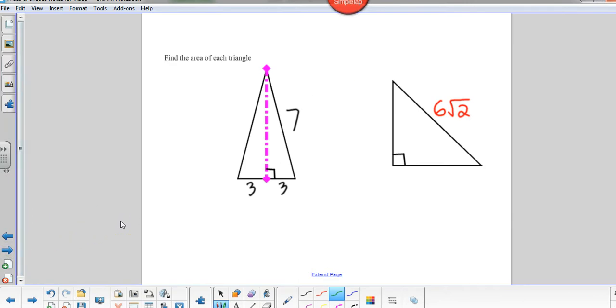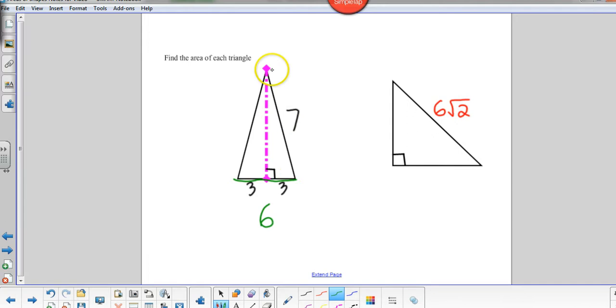Now, we'll do some applications of these where you have to find maybe the height or find the base and height. In this one here, we've got a triangle. The entire base is 6 across, but in order to find the height, we need to use this half.